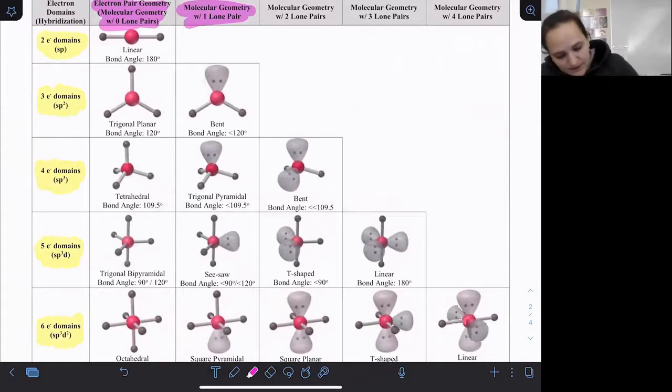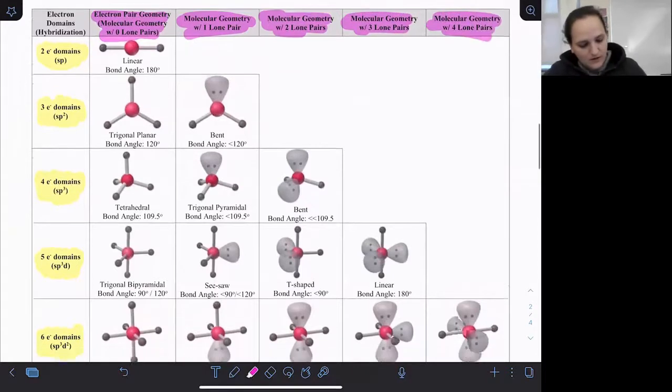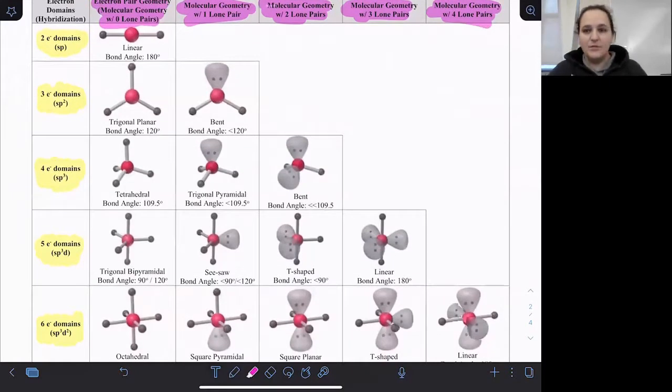So it's constructed as a table, so we can easily match things up. If we identify that we have an sp2 hybridized central atom with no lone pairs on it, that means it's going to have what we call a trigonal planar geometry.